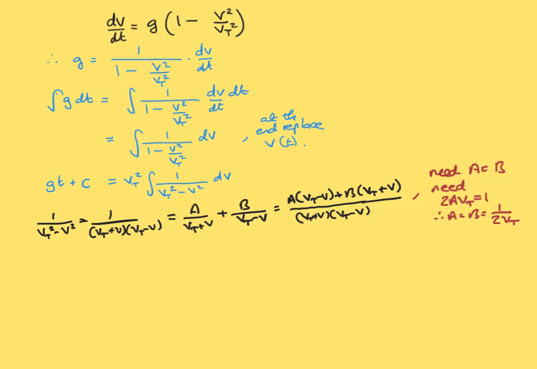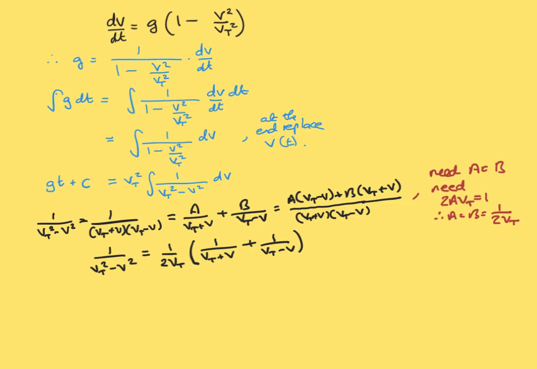So let's just rewrite before we get ourselves confused. 1 over vt squared minus v squared is equal to 1 over 2 vt, that's a constant terminal speed, that's a common factor, so I'll pull it outside, times 1 over vt plus v plus 1 over vt minus v. And this is the way that I want to write our integrand so that we can perform the integral.